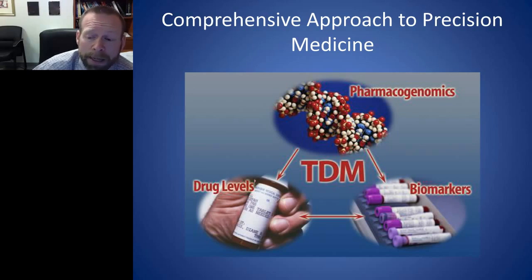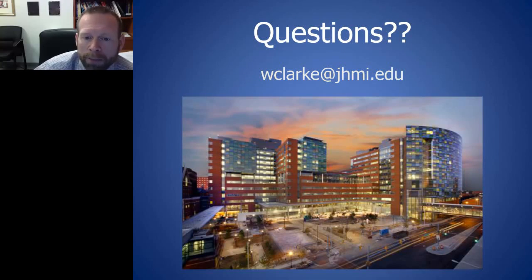And if we need to make modifications to either the dose or change the drug, we can do that faster by using these tools and not waiting just for assessment of imaging or looking for hematologic or other types of toxicities. We can really make these assessments earlier, which allows us to modify the dosage earlier if needed. And with that, I'm happy to take any questions with my time left.